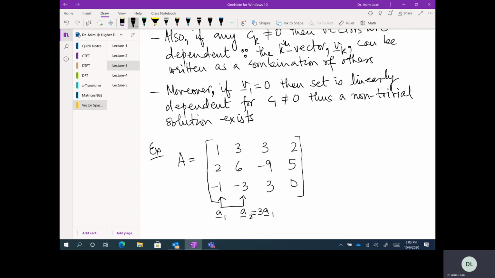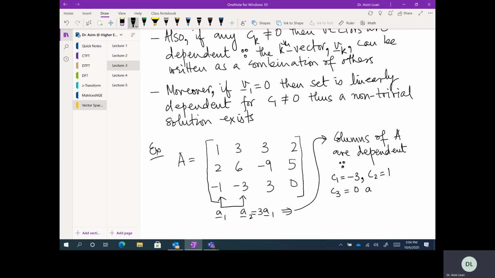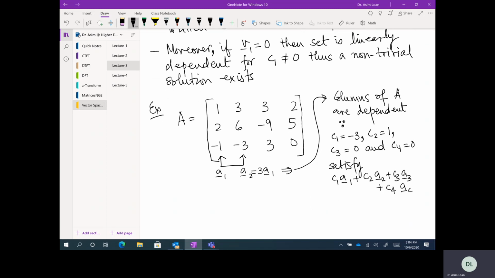Since A2 is 3 times A1, the columns of A are dependent, because c1 equals -3, c2 equals 1, c3 equals 0, and c4 equals 0 satisfy c1 A1 plus c2 A2 plus c3 A3 plus c4 A4 equals 0.